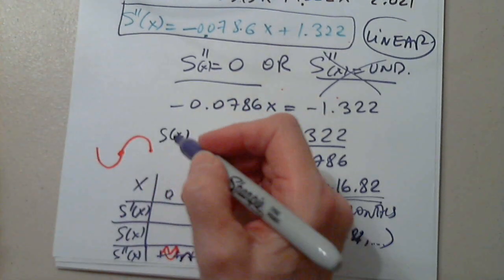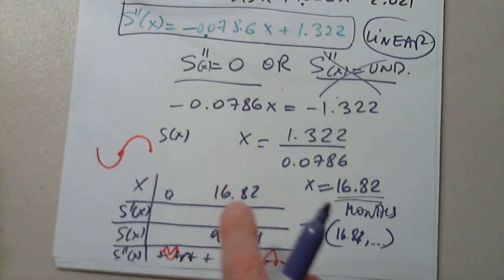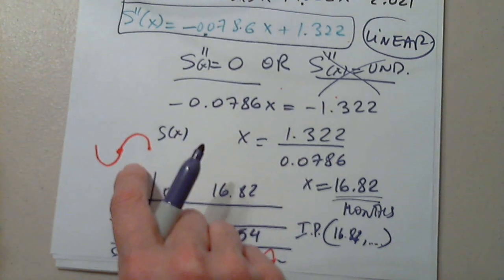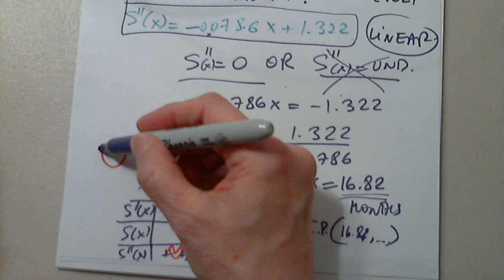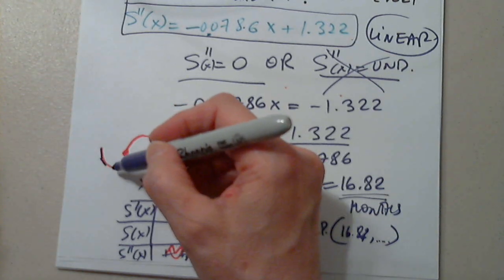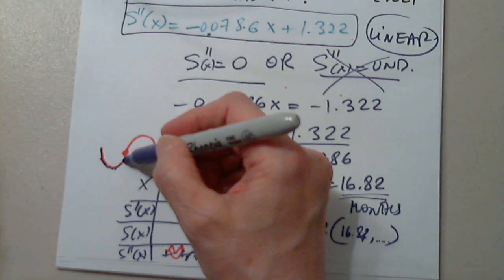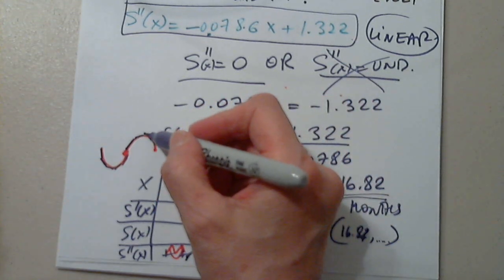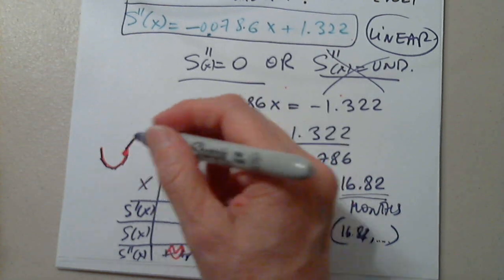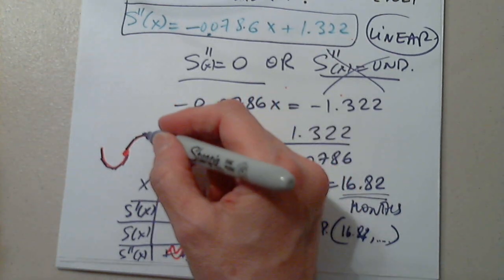This is S of x. Opening up till the point of inflection and then opening down. And as we mentioned a few minutes ago, the rate of change. I'm graphing slopes. I'm graphing tangent lines.